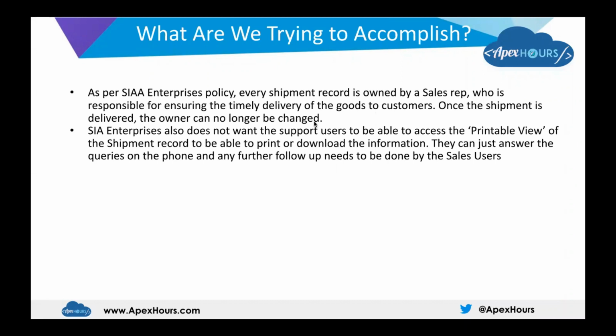So this is what we are going to configure using dynamic actions. Also, SIA Enterprises does not want support users to be able to access the printable view of the shipment record to be able to print or download the information. They can just answer the queries on the phone, and any further follow-up needs to be done by the sales user. So we are going to configure dynamic actions to meet these two requirements.